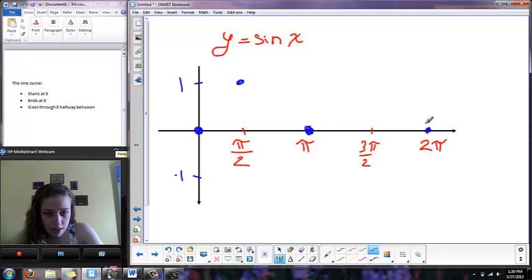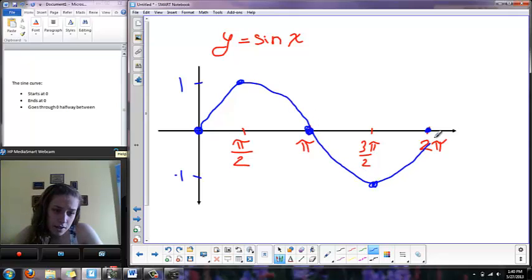In between the second two zeros we reach its minimum of -1, and then you just connect the dots. Hopefully a little bit more smoothly than I did. But you see how we only really need those 5 points, and we can make that sine curve really quickly.